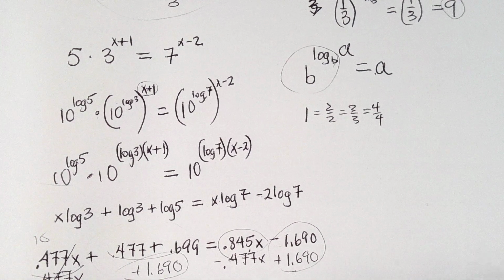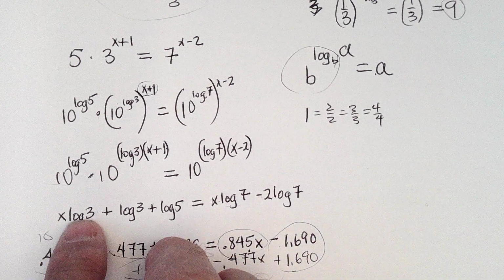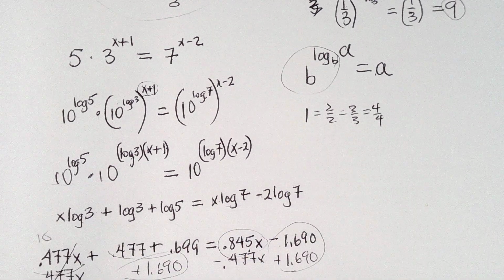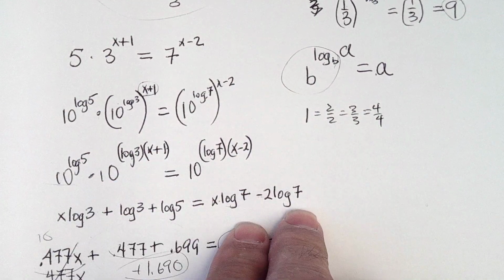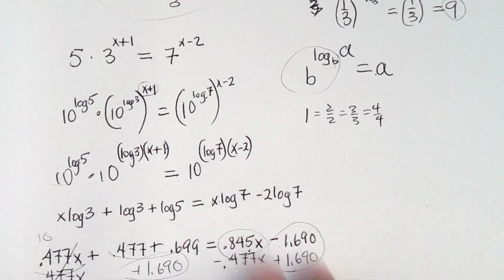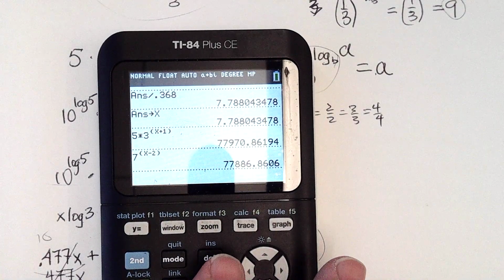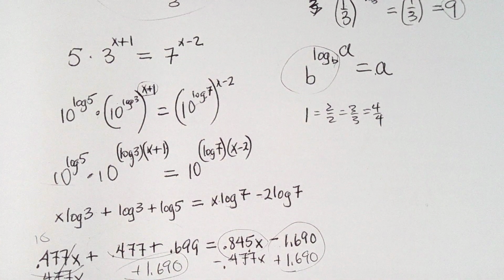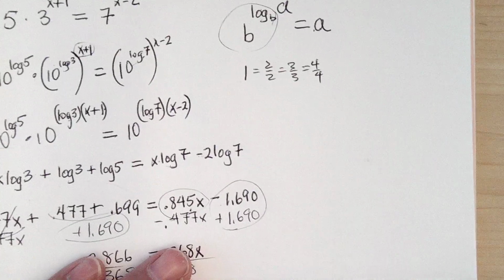I would have to keep more decimal places all the way through this, or leave it with the logs all in it. And we're going to learn about how to simplify this using some log rules to get a more exact answer. But we got the decimal approximation. So, what do we know?